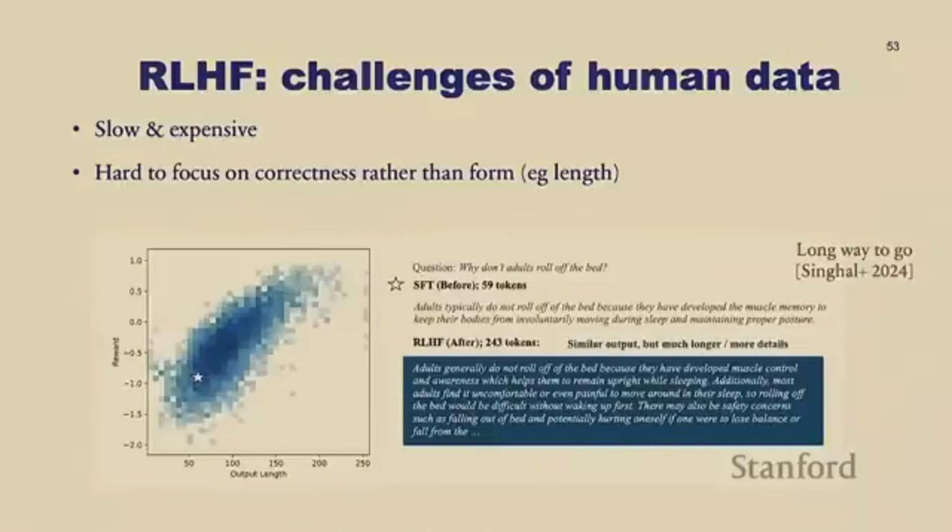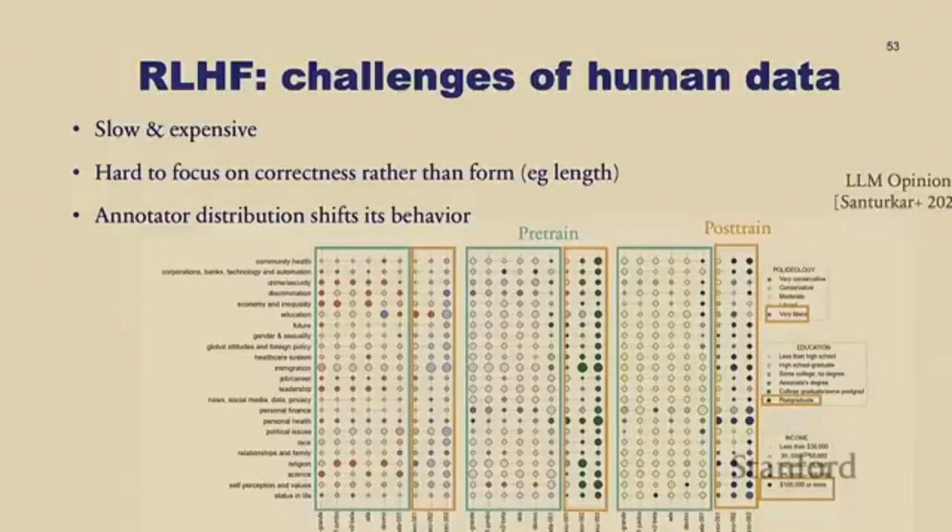As a result, what I show here is that when you do RLHF, the more you do of RLHF, the longer the output of the models becomes. So if you've ever been annoyed at ChatGPT answering you with super long sentences, this is because of RLHF. Annotator distribution shift: the distribution of annotators that you use matters a lot.